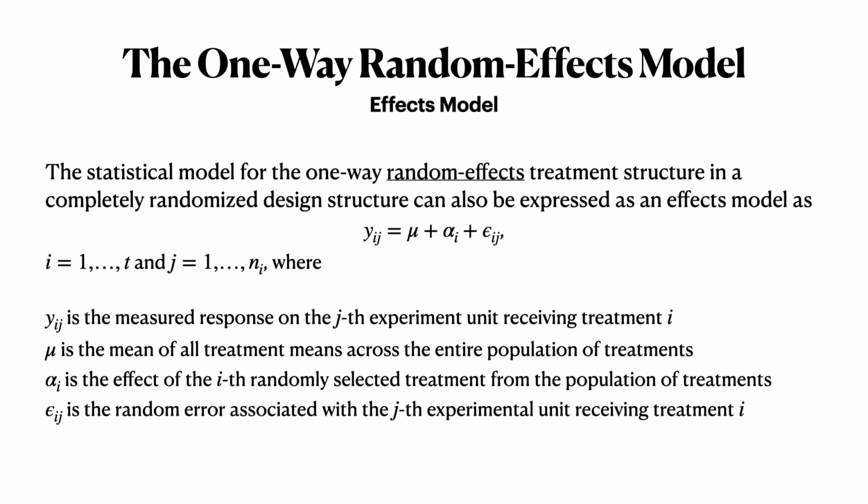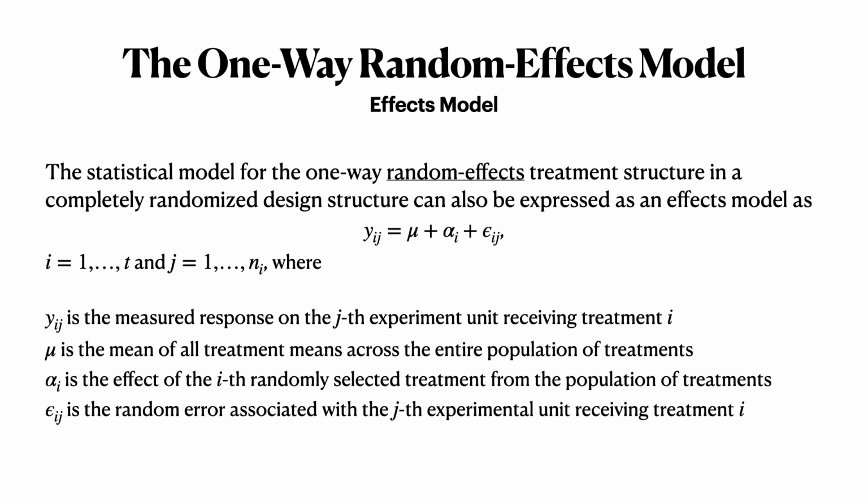We can also represent the one-way random effects model as an effects model. In this case, we have y sub ij equals mu plus alpha sub i plus epsilon sub ij, where again y sub ij is the measured response on the jth experimental unit receiving treatment i.